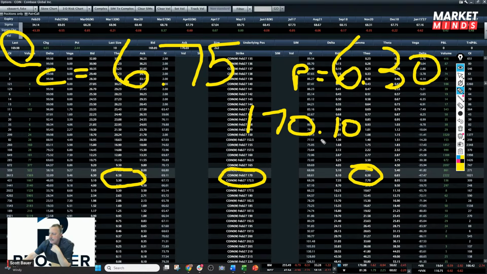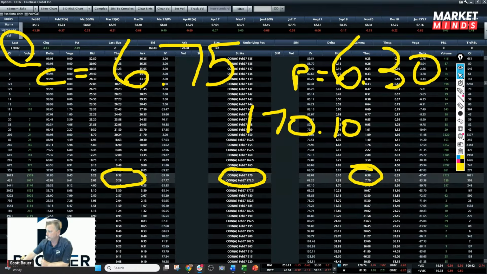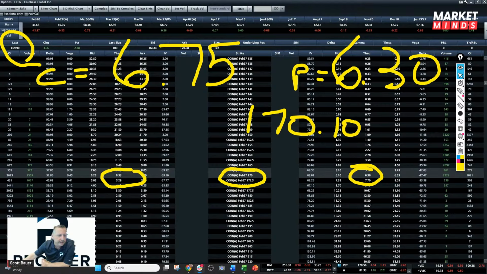Does everybody see why the call is more expensive than the put? It has nothing to do with 6.75 and 6.30, because remember, it's all about the extrinsic value. So what do you guys all see there before I put up some numbers?